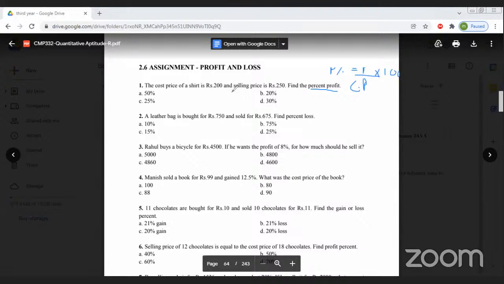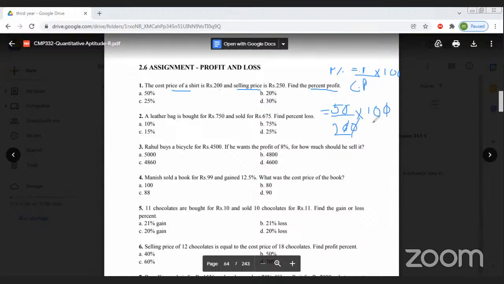So your profit is, see, the selling price was 250, cost price is 200. So profit is 50 rupees. Profit is 50, cost price is 200 into 100.